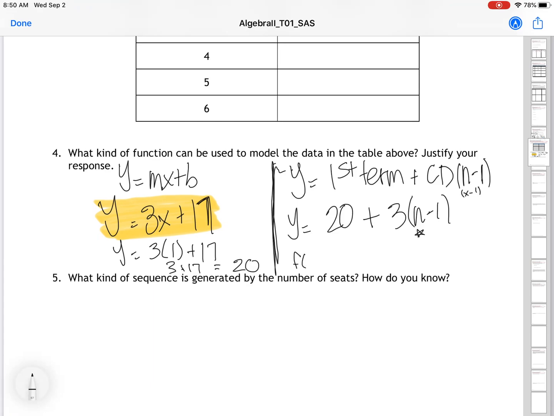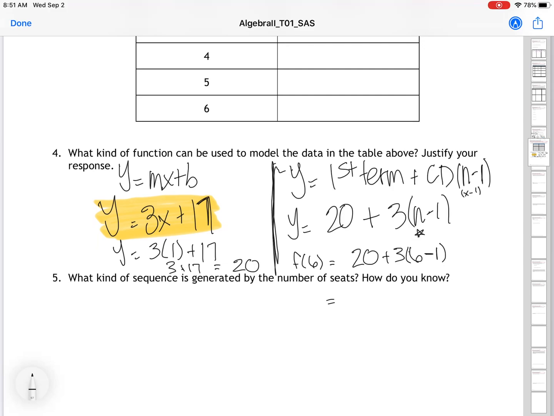We are looking for f of 6. So I've got a 20 plus 3 times 6 minus 1. So we have to simplify, right? We have to use, please excuse my dear Aunt Sally.